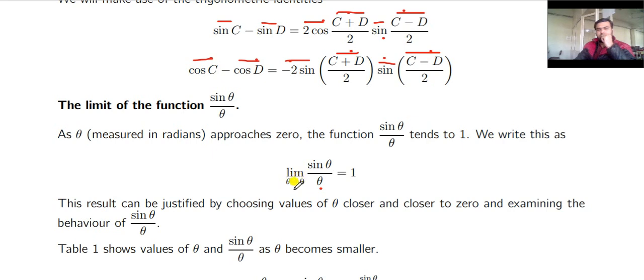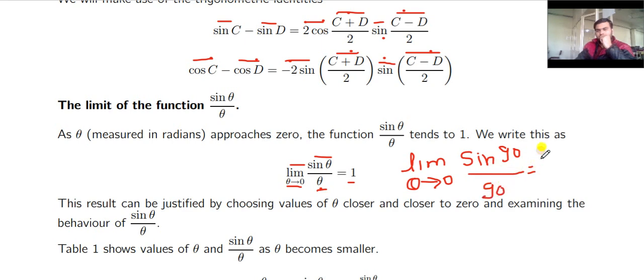Suppose we are given limit theta tends to 0. Then the answer of sin theta upon theta, when limit theta tends to 0, is equal to 1. For example, the value of sin 90 upon 90 will be 1.